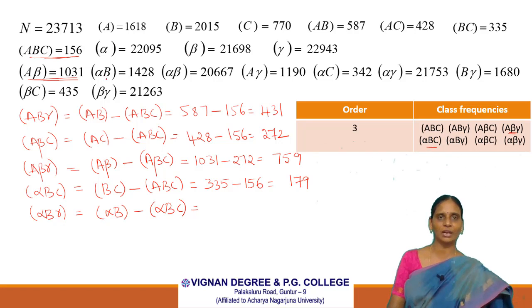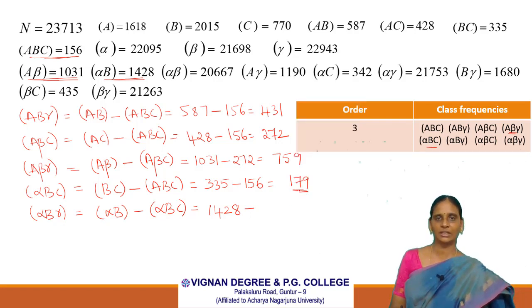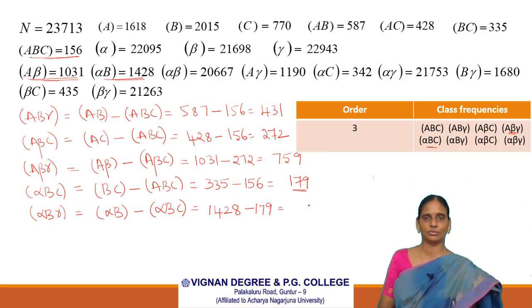So frequency of alpha B value is 1428 minus frequency of alpha BC is 179. That is equal to 1249.